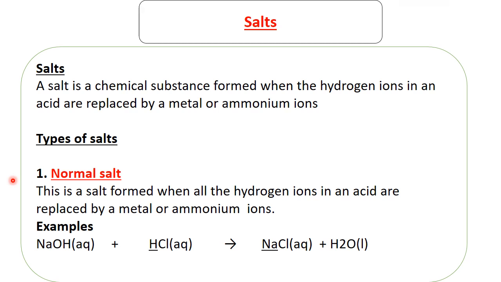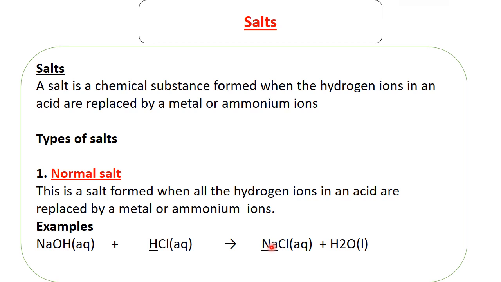Here are some examples. Here, sodium hydroxide, we don't care about sodium hydroxide. We have hydrochloric acid here, and this hydrochloric acid has hydrogen. If this hydrogen is replaced by a metal in this neutralization reaction, then what we're going to have is a salt.